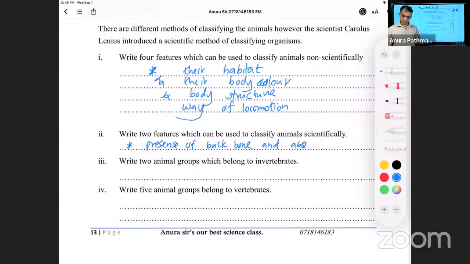Another one: skeleton system, and genetic matters, characteristics coming from generation to generation.